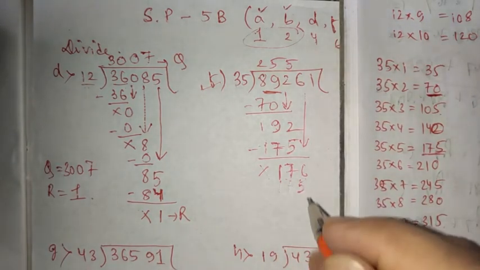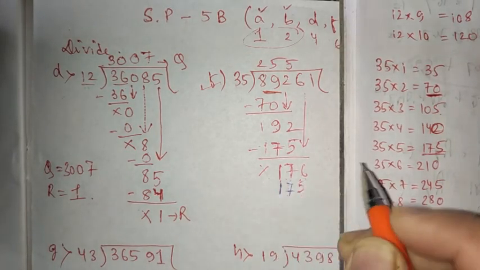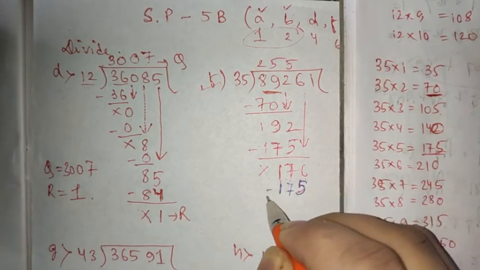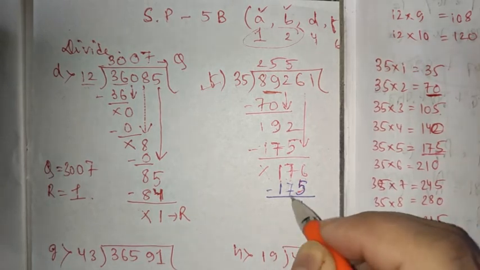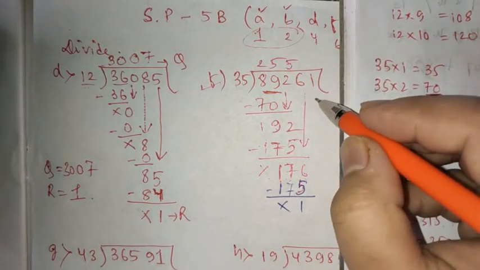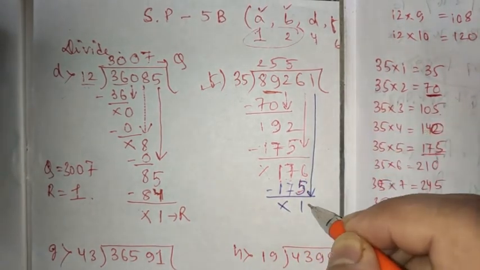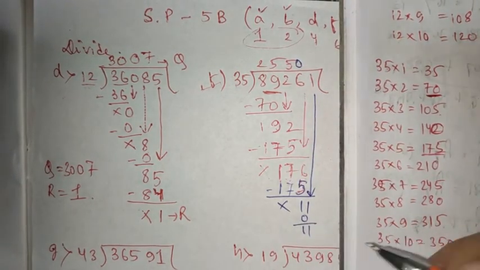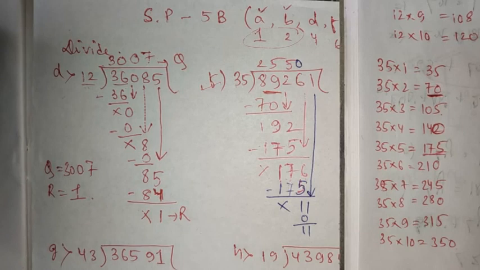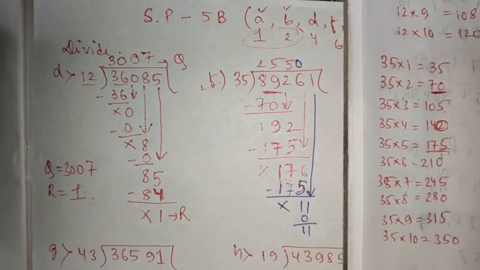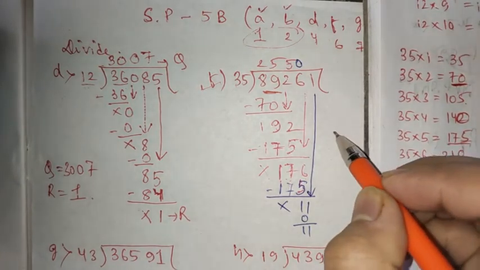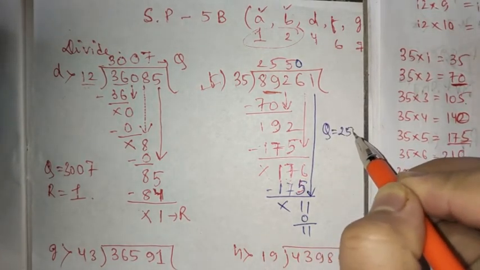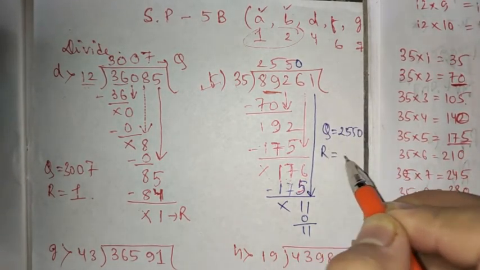So here I have got the new pen. So it is 175, right? So 6 minus 5 is 1 here. Everything gets deducted. What is the remaining? 11, right? So 35 zeros is 0. So 11, right? Can you do anything more? No. So over here your quotient is 2550 and your remainder is 11.